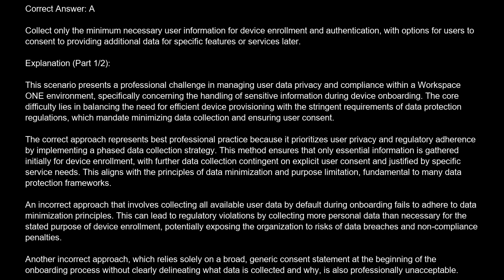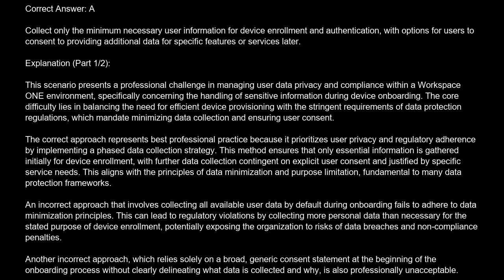The correct approach represents best professional practice because it prioritizes user privacy and regulatory adherence by implementing a phased data collection strategy. This method ensures that only essential information is gathered initially for device enrollment, with further data collection contingent on explicit user consent and justified by specific service needs.